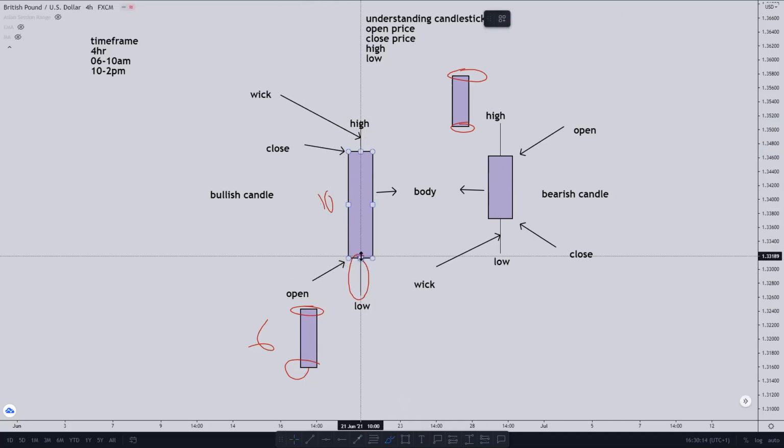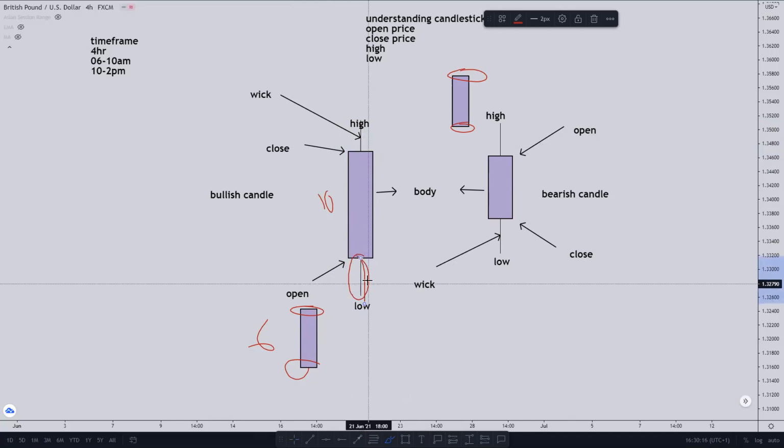The wick is where price went to in that duration of time. So if the candlestick opened at 10 and then around 11 o'clock price comes down and drops until these areas and then pushes back around 12 o'clock, this stays as the open price of that candlestick, and this is where the body of the candlestick is going to start.